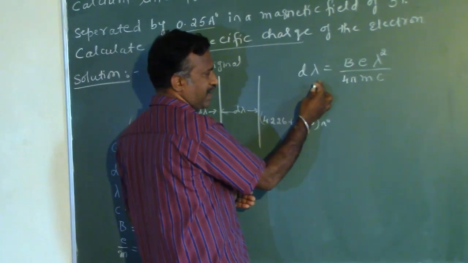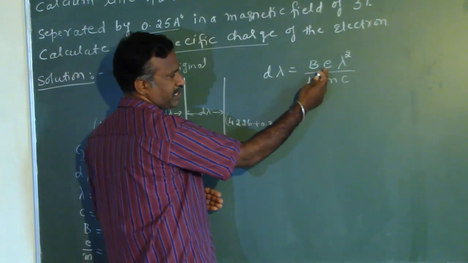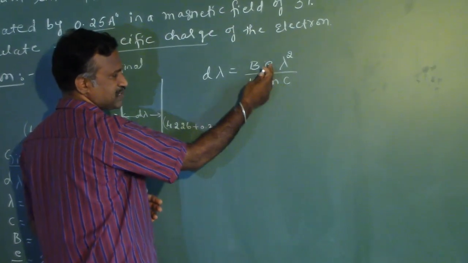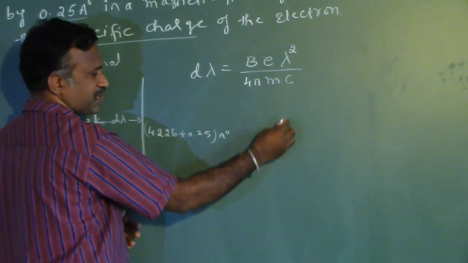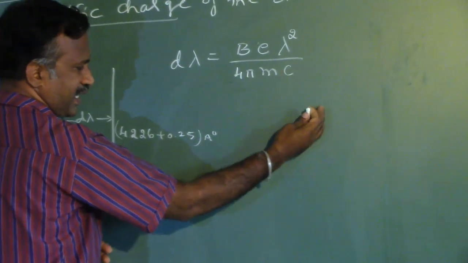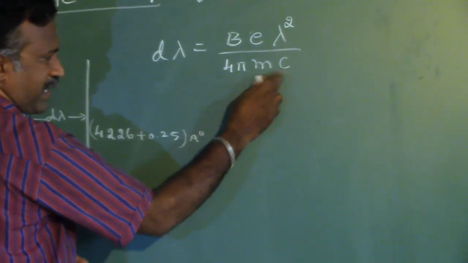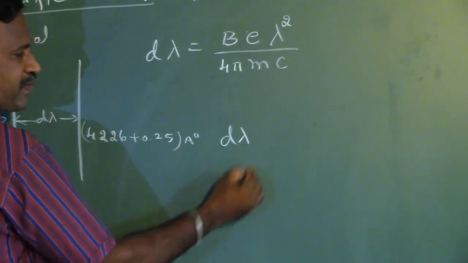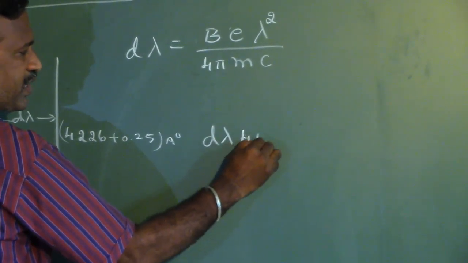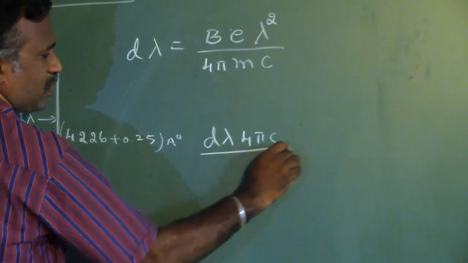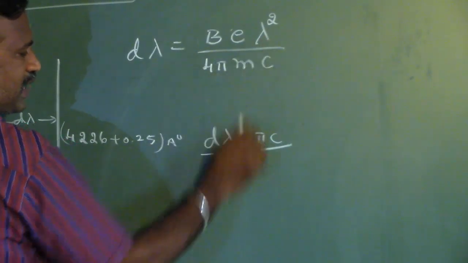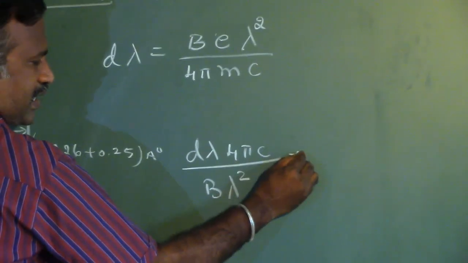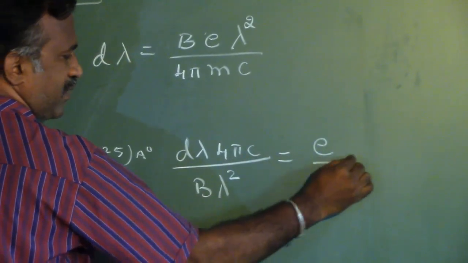We have d lambda is equal to B into e into lambda square divided by 4 pi m into c. Since we need e by m, keep e by m on the right-hand side itself and cross multiply the 4 pi c to the left-hand side. Therefore it will be d lambda into 4 into pi into c, the whole divided by B into lambda square on the left-hand side, and on the right-hand side we are left with e by m.